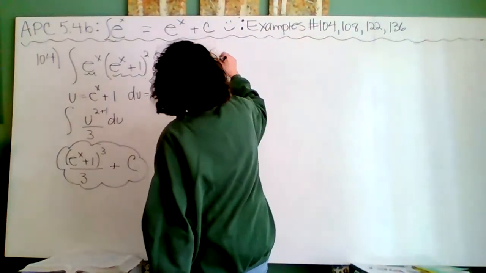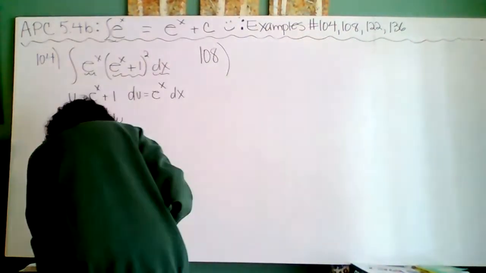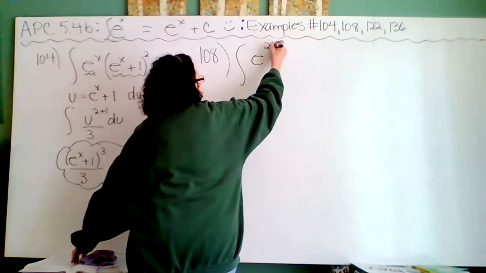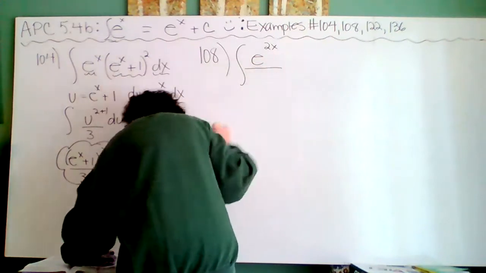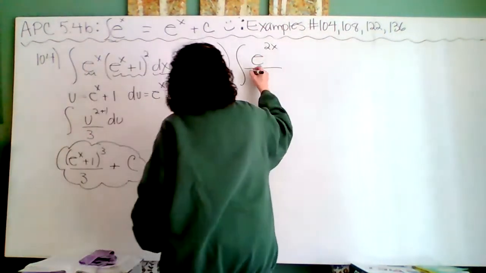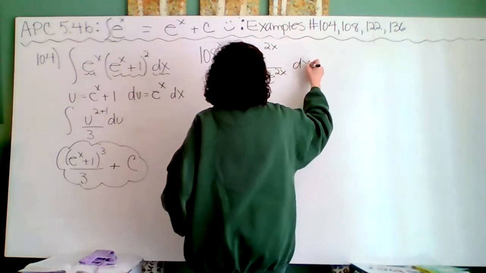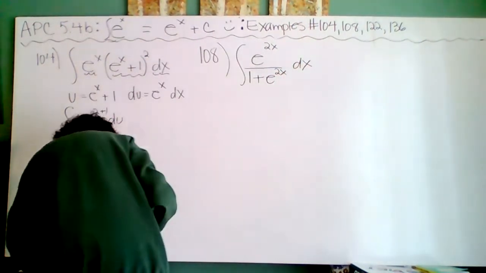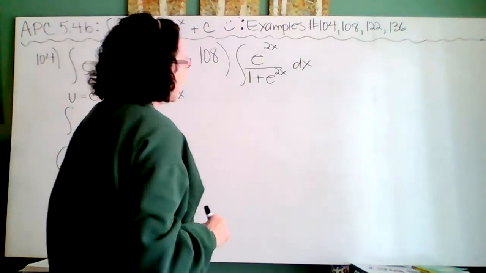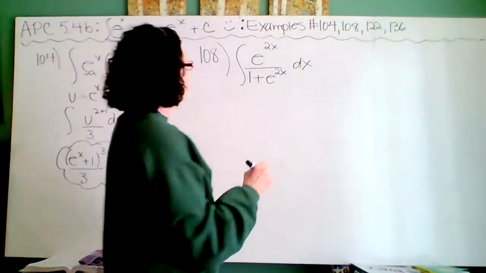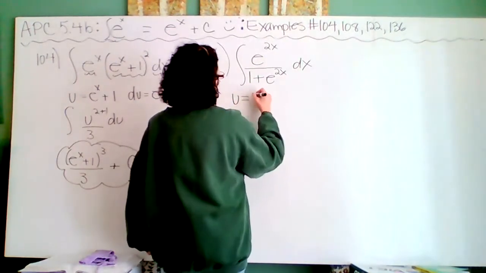108. On 108, the integral of e to the 2x over 1 plus e to the 2x dx. Let's see. I don't see an inside function, but I do see a quotient. I'm going to try to make my u the denominator.